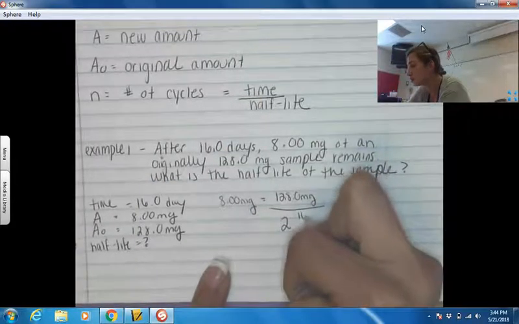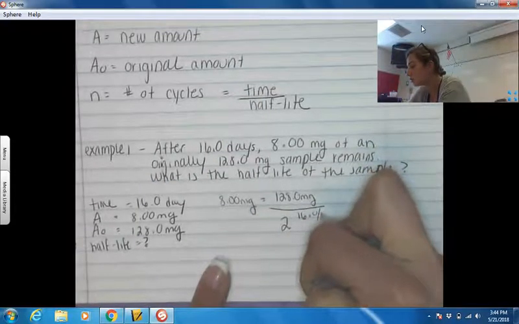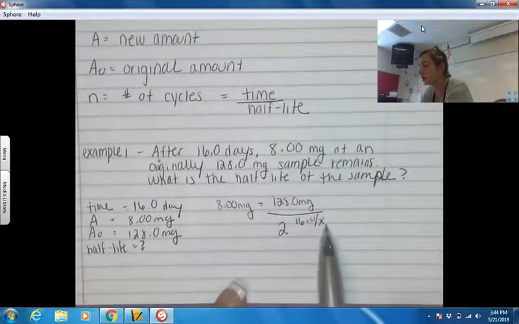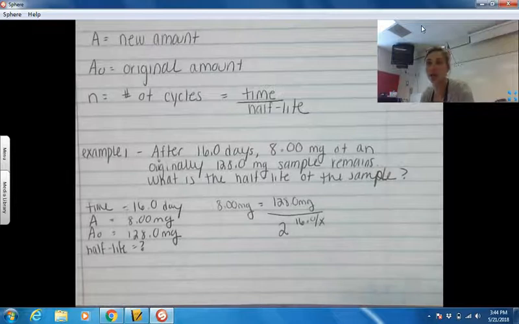So we do have a total time, but we don't have a half-life. So for this particular problem, we're solving for a variable in an exponent. And so we're going to have to do a little bit more complicated algebra here, but we can totally do this.